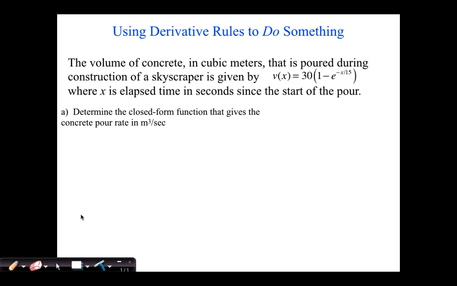Since our independent variable is in seconds, a rate of change of this, without doing fancy conversions, would be in cubic meters per second. A function for volume, we want the rate of change of that volume.